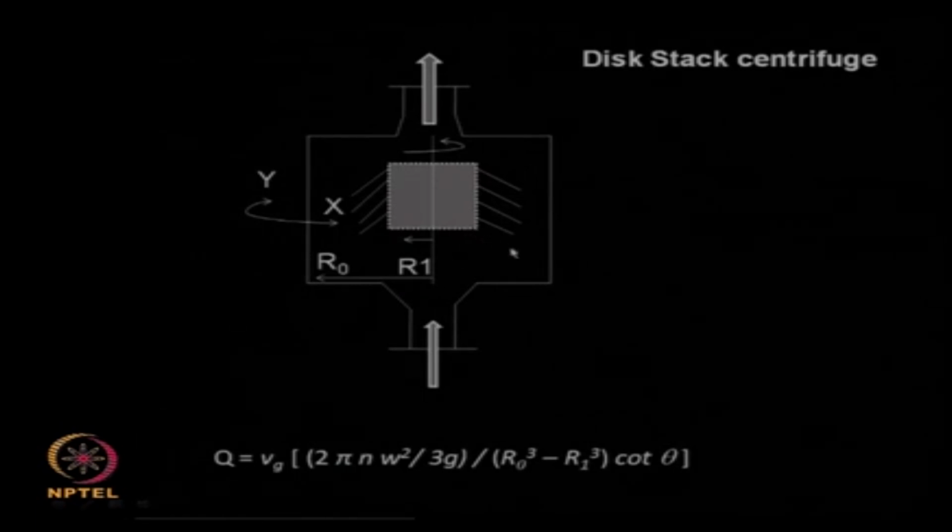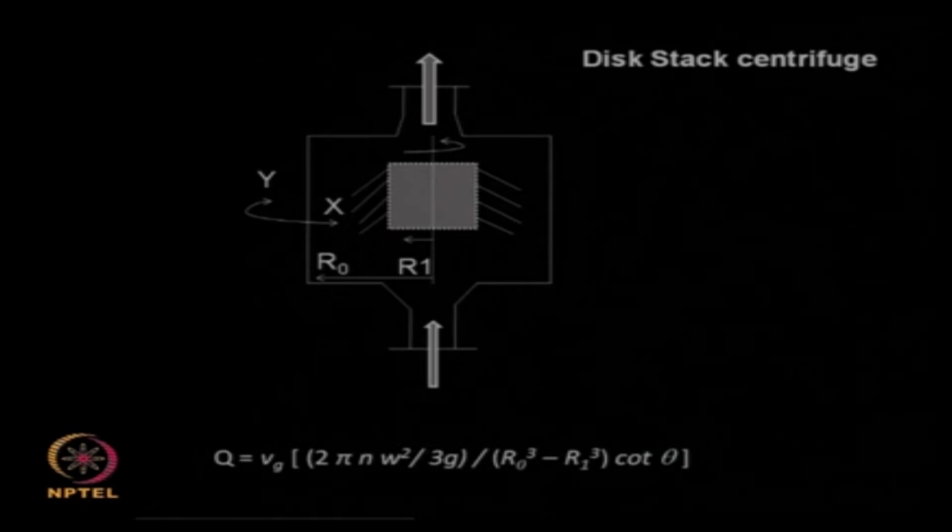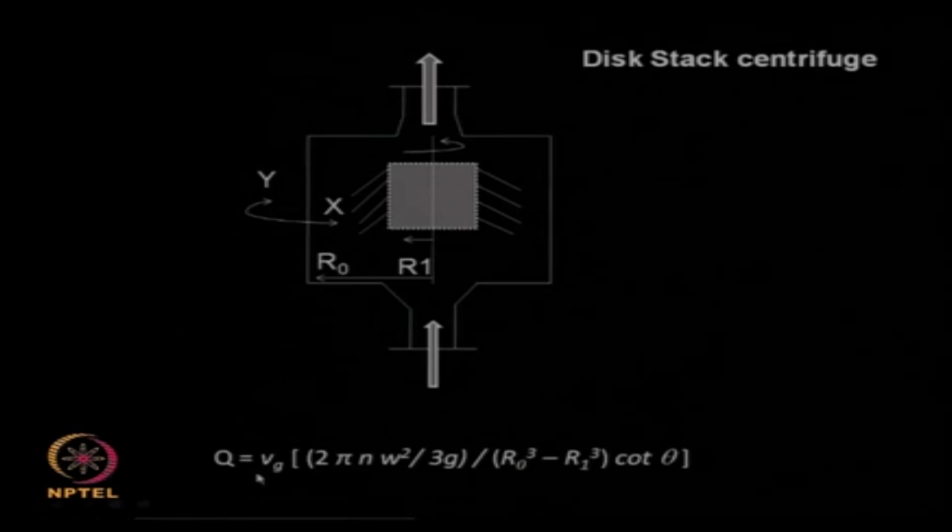So the angle of the discs and the number of discs decide the efficiency of the centrifugal operation. Let us not go into the derivation of this particular equation, but ultimately you end up with an equation of this form.